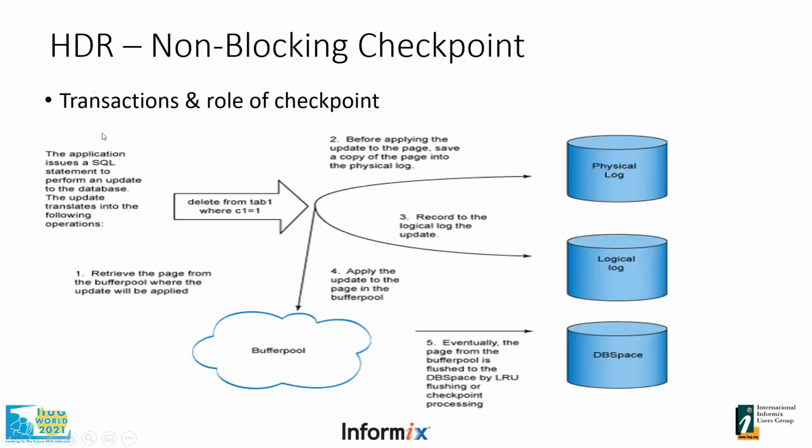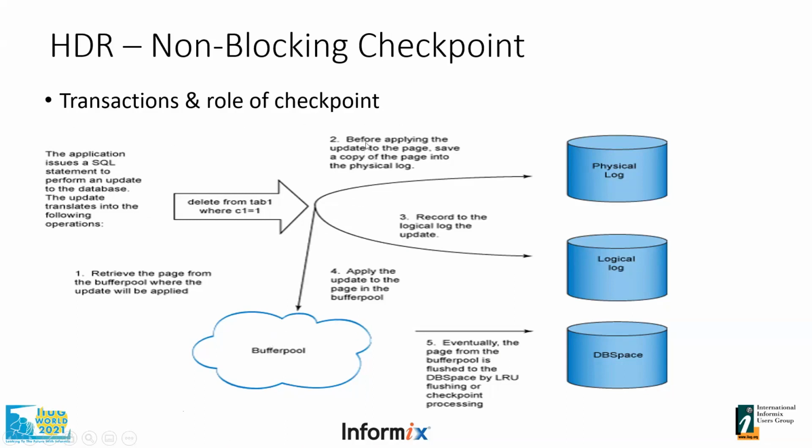So just to give a recap on how the transactions work and the role of the checkpoint, to explain what the non-blocking checkpoint's role is. Basically, when you perform any DML operation, we try to see if that buffer exists in the buffer pool. Otherwise, it has to be read in.